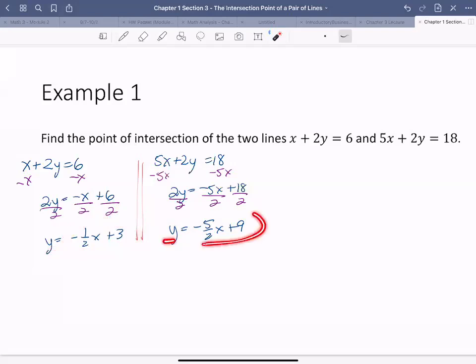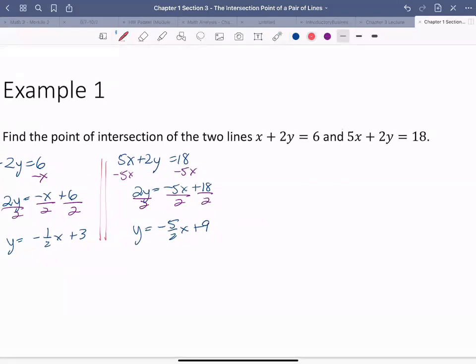It doesn't matter which way you write it. So I'm going to write it over here to the side: negative 1/2 x plus 3 equal to negative 5/2 x plus 9.